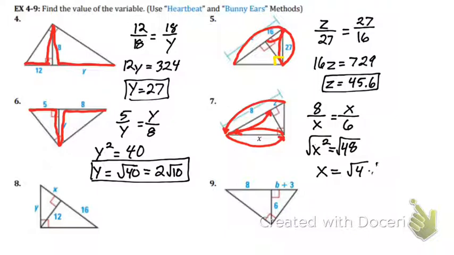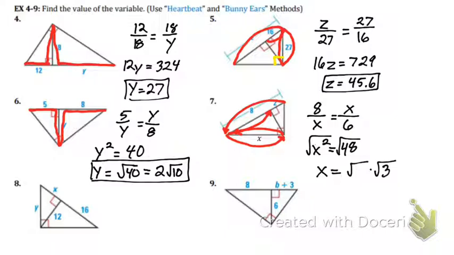Radical 4 times radical 3, and x equals 4 radical 3. Oh, are you saying 16 times 3?